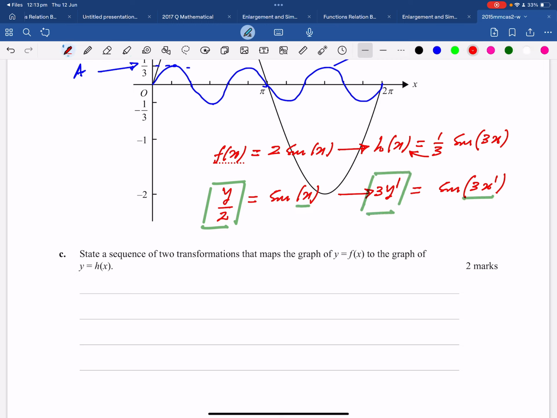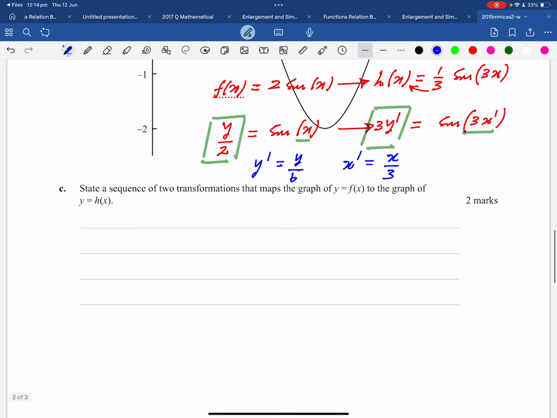If I do that, I get y prime to be y divided by 6, and x prime to be x divided by 3. We judge from these two.